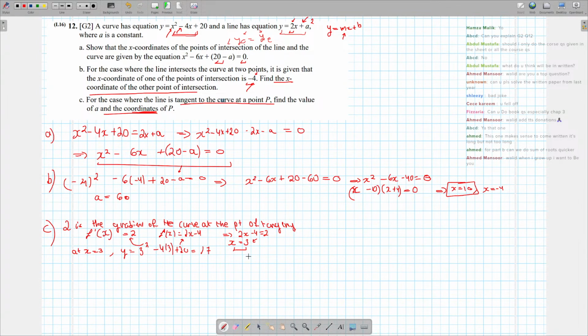Yeah, 17. So that means the coordinates are 3, comma 17.